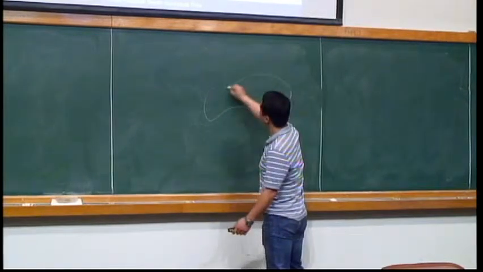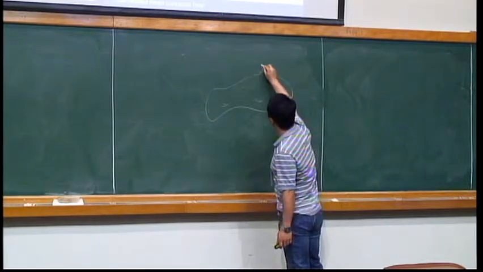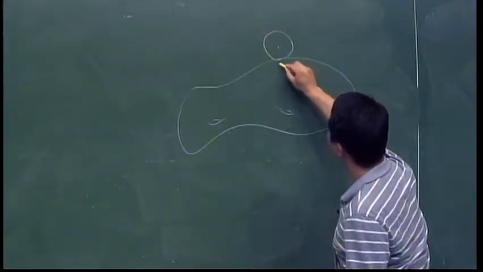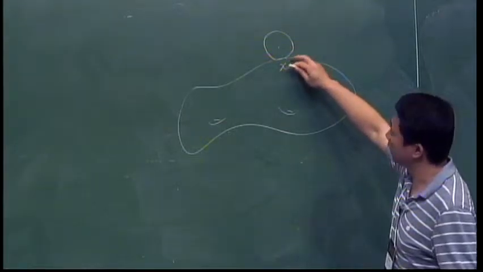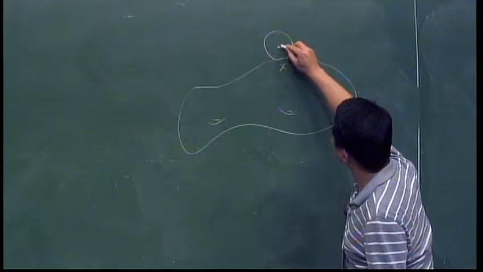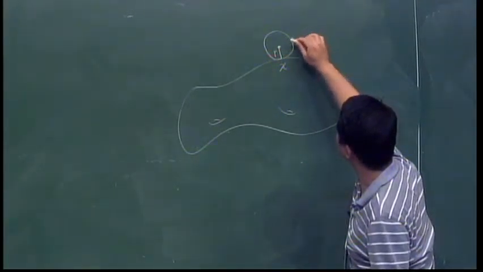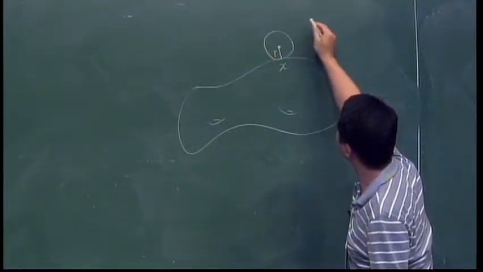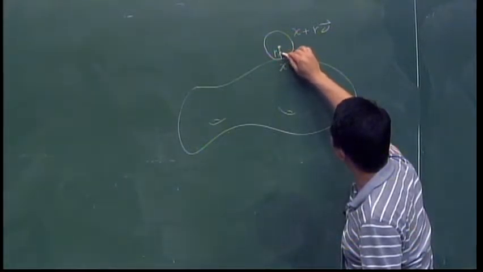If you have a manifold, say, admitting the exterior ball condition at a point x on the hypersurface, then let's say this radius is R, and the center of this ball is x plus R times mu. Mu is our normal at the point.